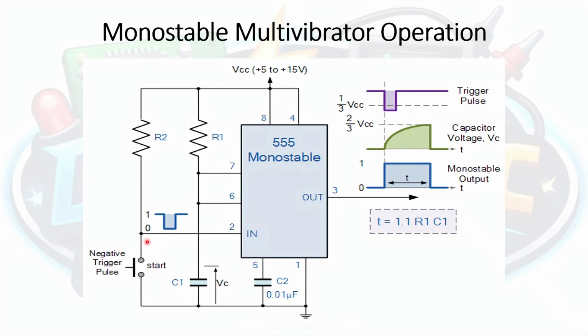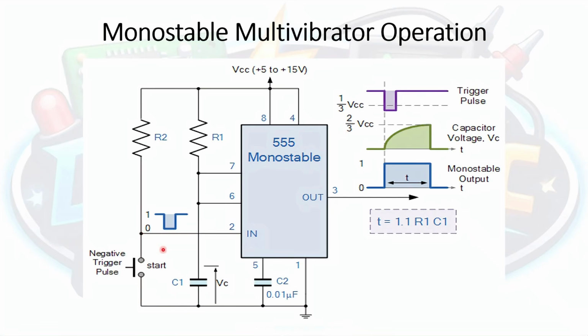Once I press the push button switch, the trigger pin will get a low signal from this junction, because the push button switch forces the input on the trigger pin to go low, as it is connected directly to ground. So we have a negative trigger pulse here.